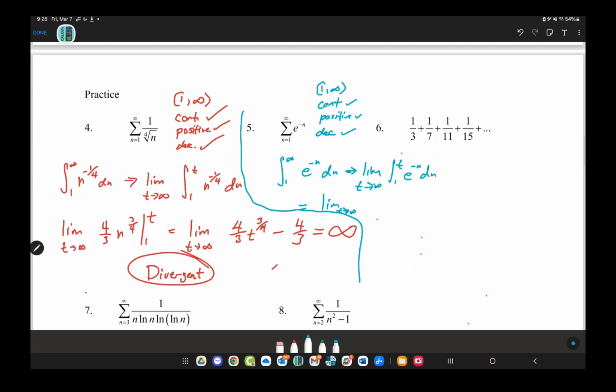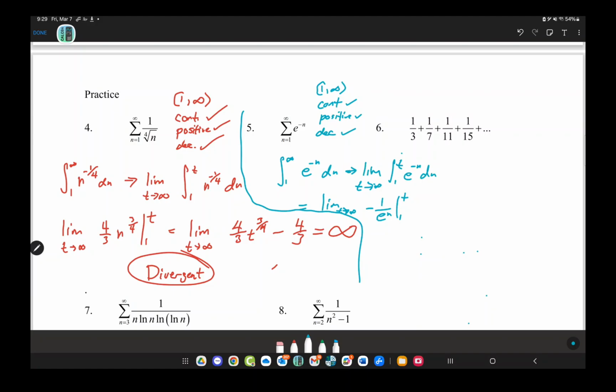Negative 1/e to the n. The derivative of 1/e to the n would be negative, so we cancel out that negative.